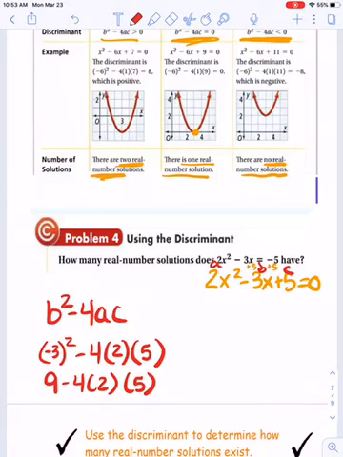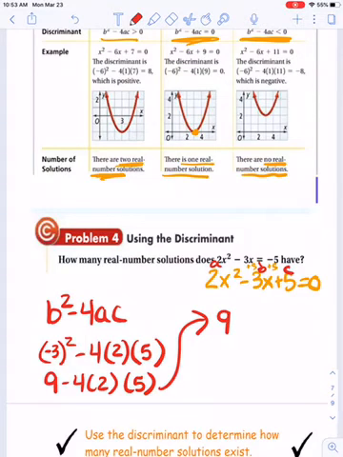If I keep simplifying, I've got to do my multiplication next. So I have 9, and negative 4 times 2 is a negative 8, times a positive 5 is a negative 40. So 9 minus 40 is a negative 31. This is my discriminant.